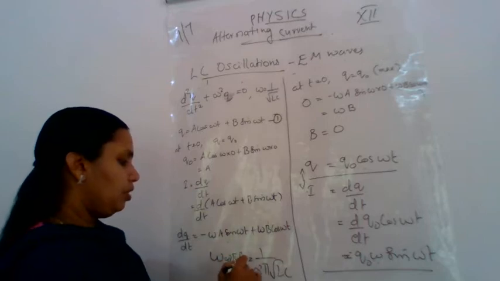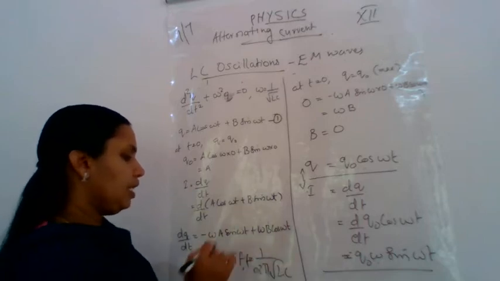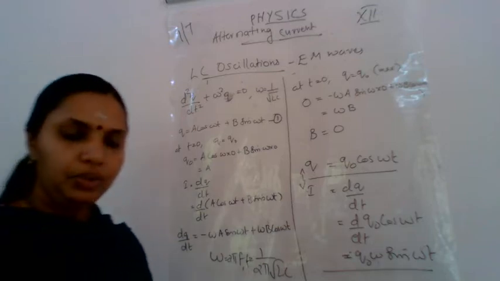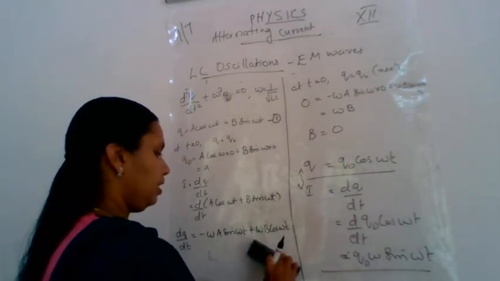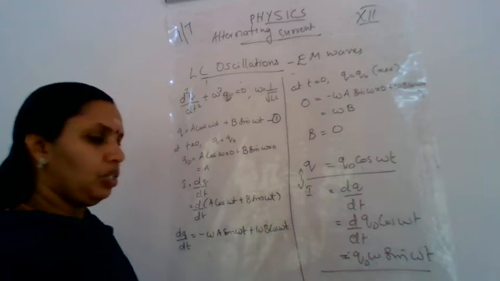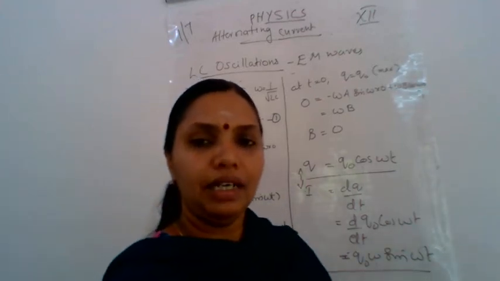Okay, so f is equal to 1 by 2 pi root LC. So that is called the LC oscillation, that is the production of electromagnetic wave.